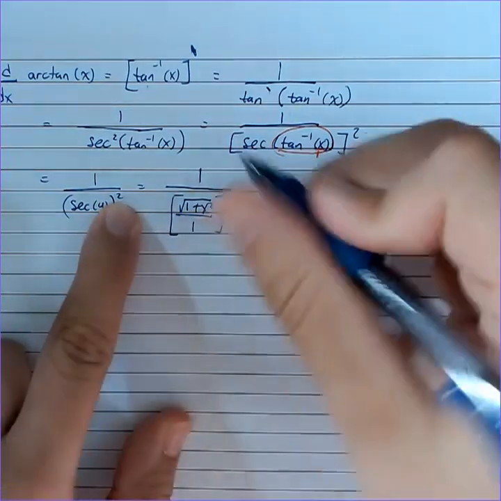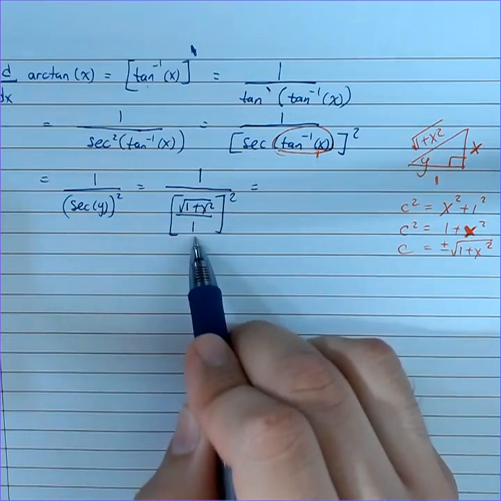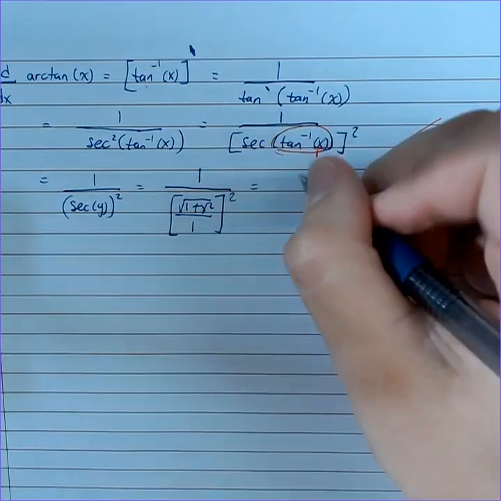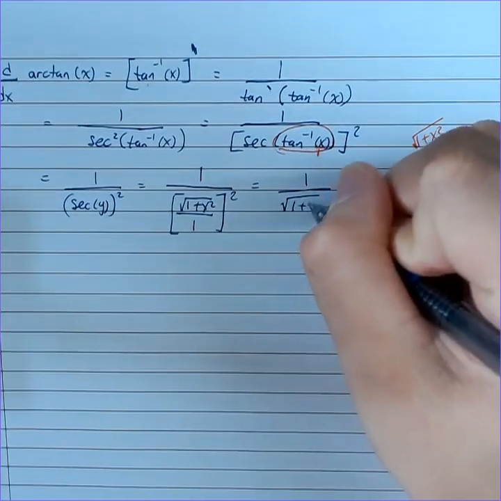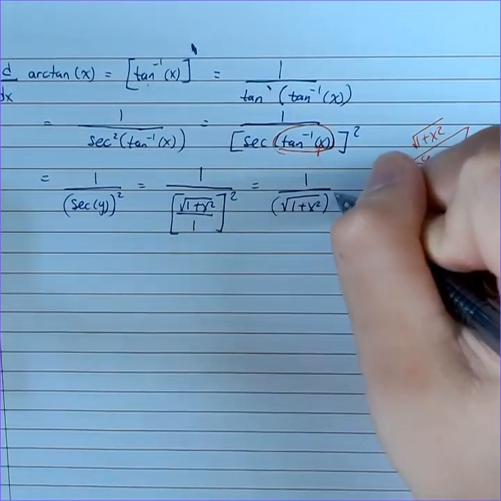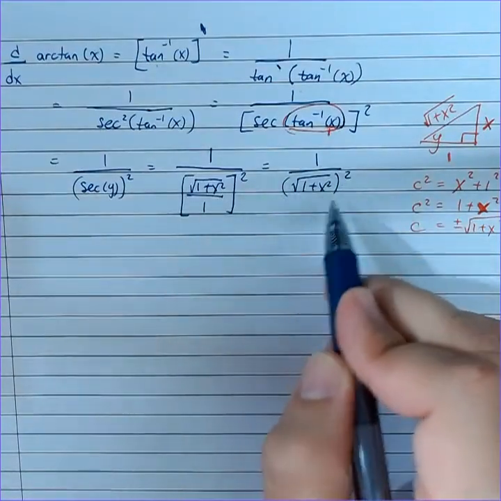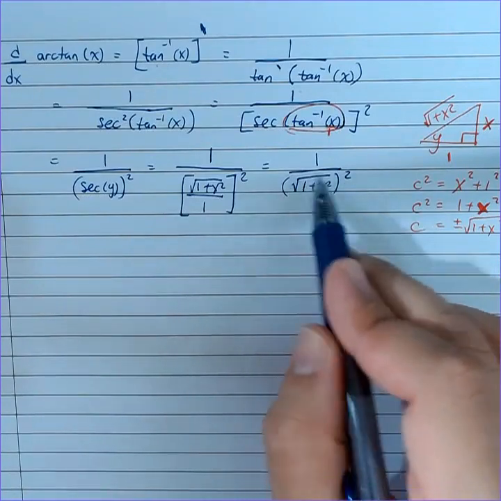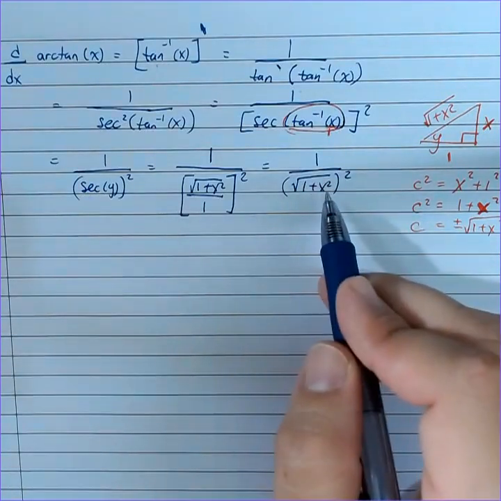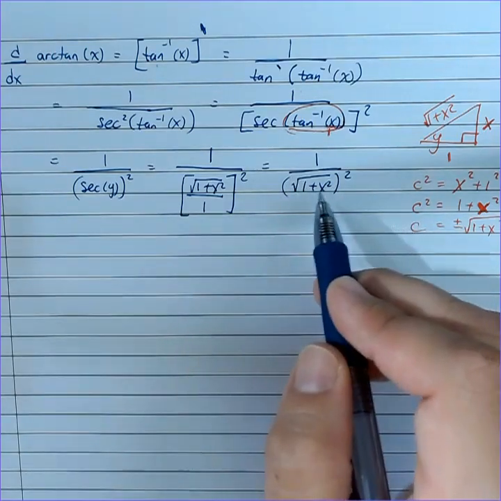And then don't forget the whole thing is squared. Well, here dividing by 1 doesn't change anything. So here we can just ignore the 1. So that's going to be equal to 1 over the square root of 1 plus x squared, and then the whole thing is squared. But here, we know that's got to be positive. So the square and the square root just cancel out. Since that's positive, we don't have to worry about the signs getting screwed up. We don't need to worry about absolute values or any of that.